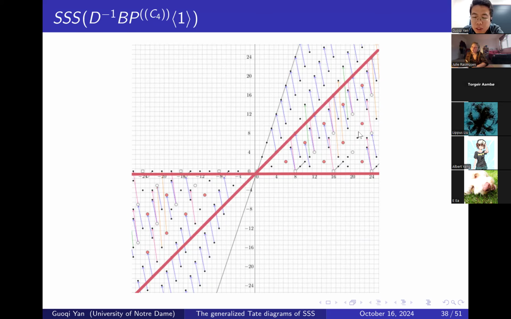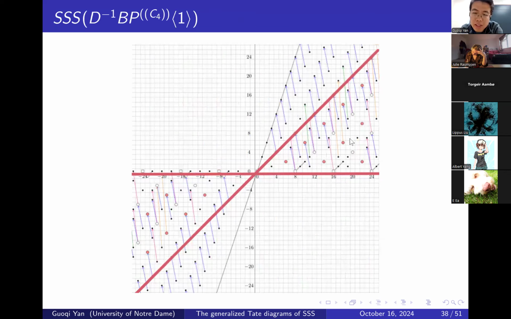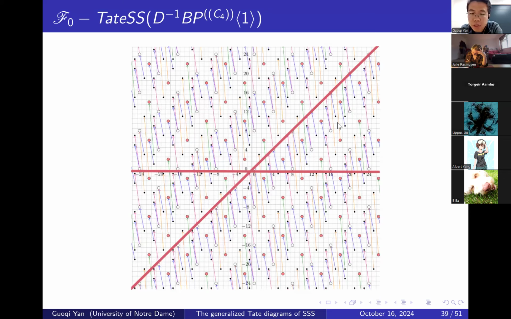We will see that the positive cone is isomorphic to the positive cone in the Tate spectral sequence, and similarly for the negative cone. And the underlying reason for this duality pattern comes from the periodicity in the Tate spectral sequence. We prove that the Tate spectral sequence has enough periodicities.